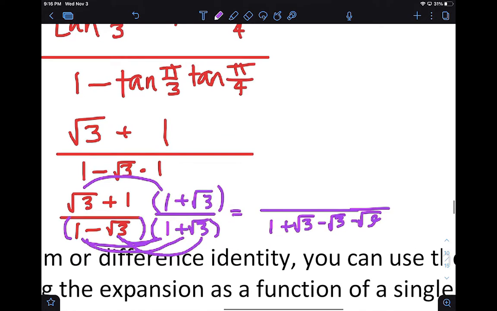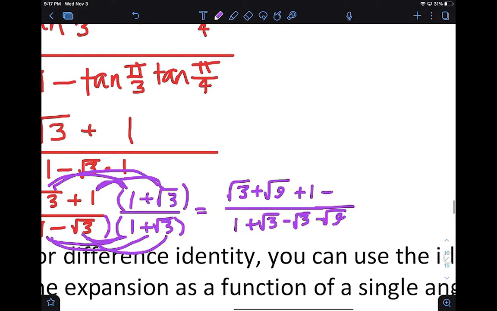Then in the numerator, we'll do the same thing. Square root of 3 times 1. Square root of 3 times square root of 3 is square root of 9 again, which will be regular 3. Do the insides there. That'll be 1 times 1, which is 1, and then 1 times square root of 3, so just square root of 3.